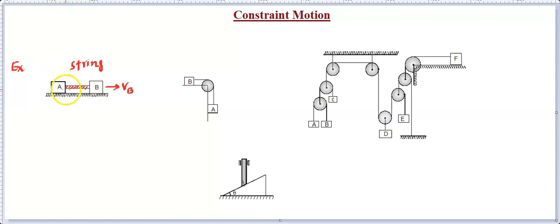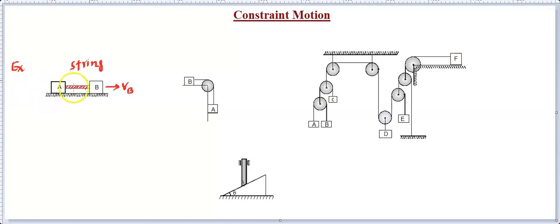A will not remain at rest if B starts moving. If the string is strong enough and it's not breaking, you will find that A is also going to move. So if you give this velocity, then what will be the velocity of particle A? That's what we are going to look at.